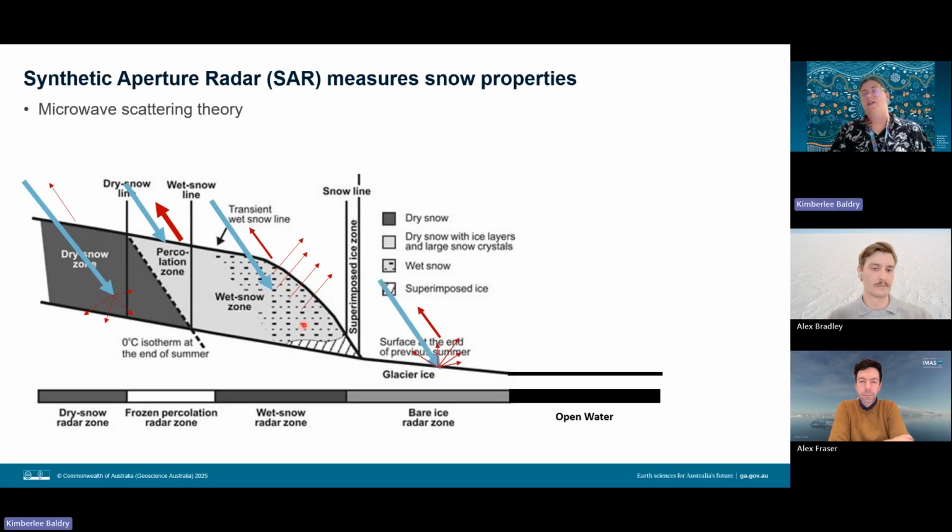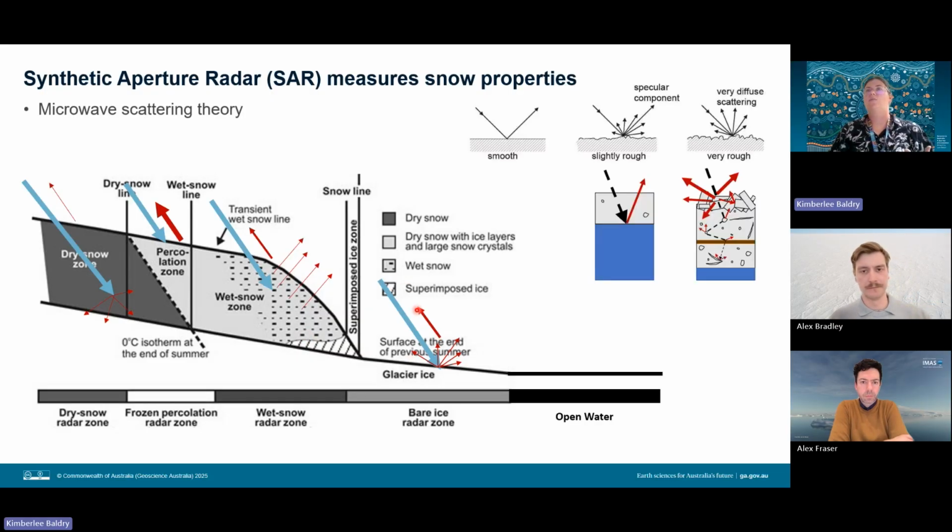Moving on to glacier ice and sea ice surfaces, you get more of a scattering happening from the roughness, and the degree of scattering coming back to the sensor is controlled by how rough the surface is.